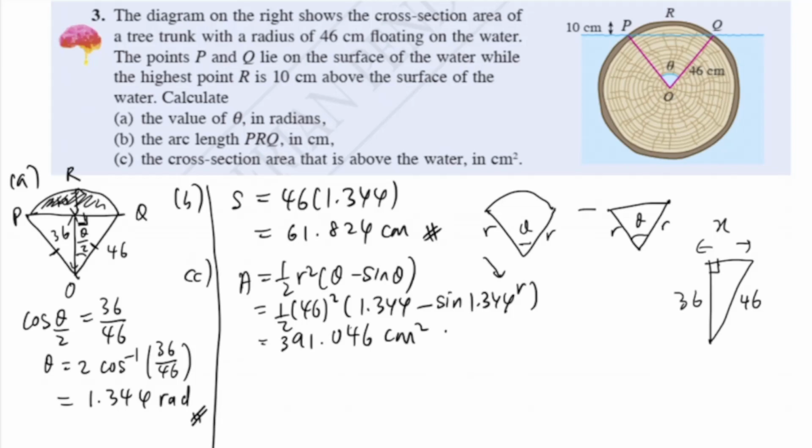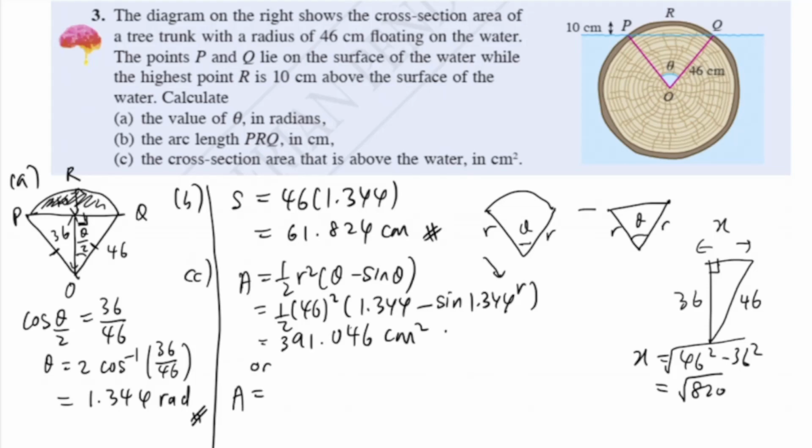It's just one more way, finding the height of the triangle, which we can say the height here, x, let me write over here using Pythagoras, it will be square root of 46 squared minus 36 squared, which gives us square root 820. So you can use this method though.